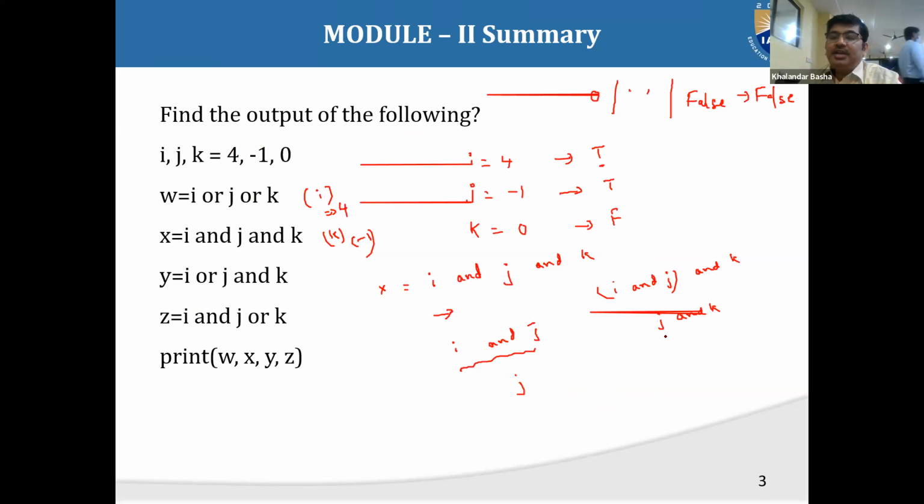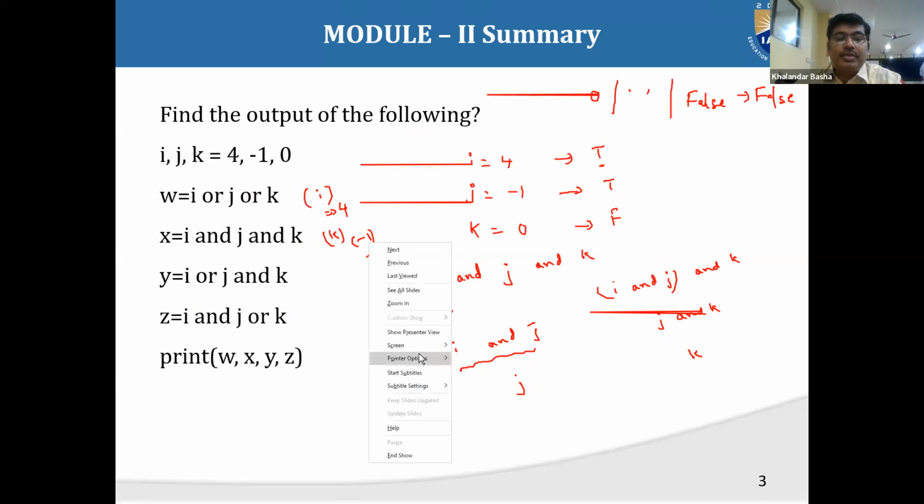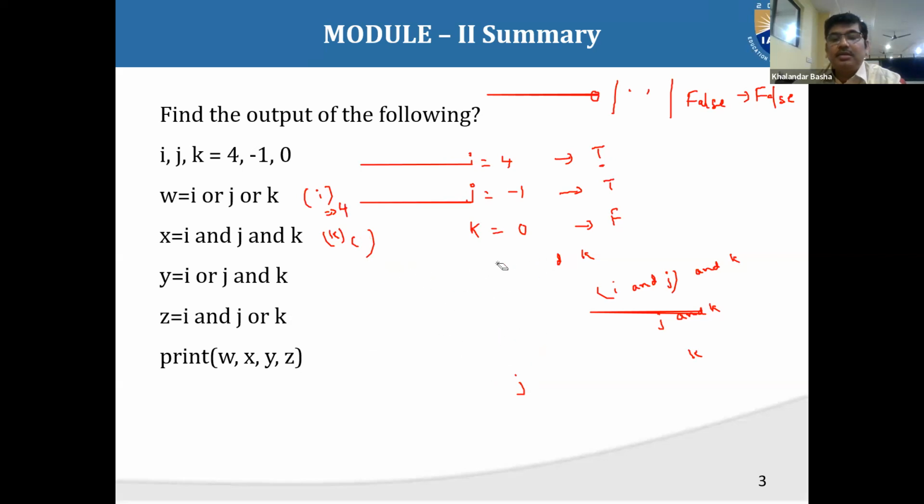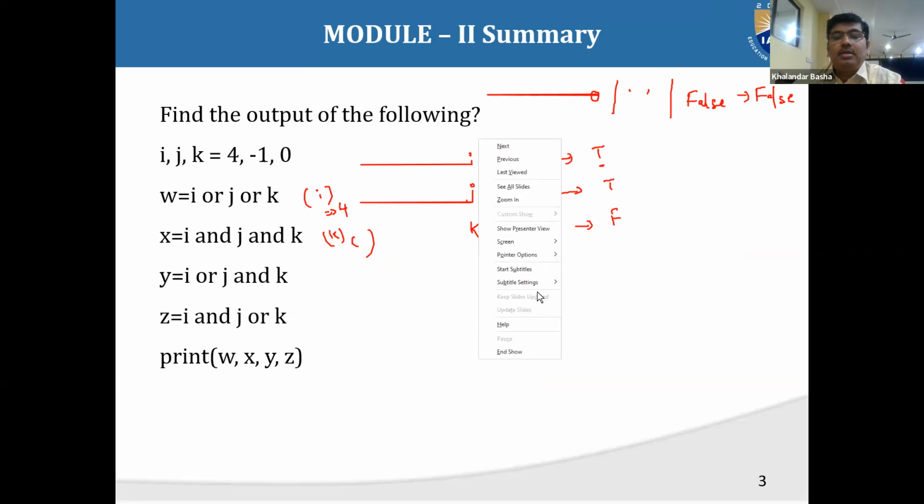In our case J is the first input, K is the second input, so the output is equivalent to K. So when you do X is equivalent to I and with J and with K, it is going to return K. What is the K value? K value is 0.